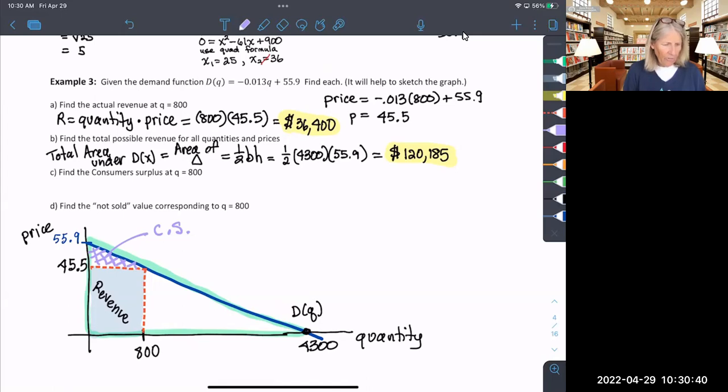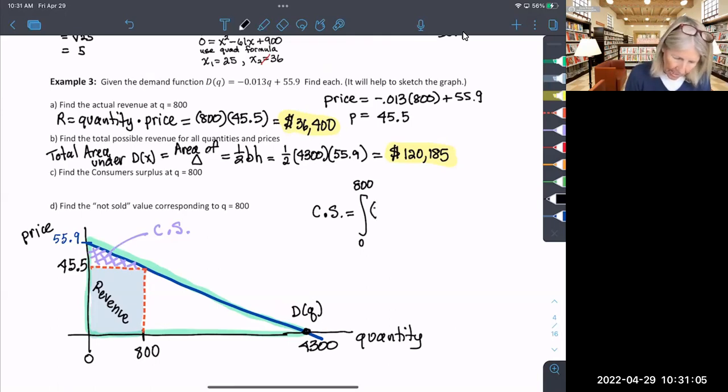I'll set it up with the integral. Let's do that here. So let's get our consumer surplus. So that's going to be the integral from 0 over to 800, right? Because that little purple triangle goes 0 to 800. I'm going to put my 0 here. And let's see, the upper curve is that demand function.